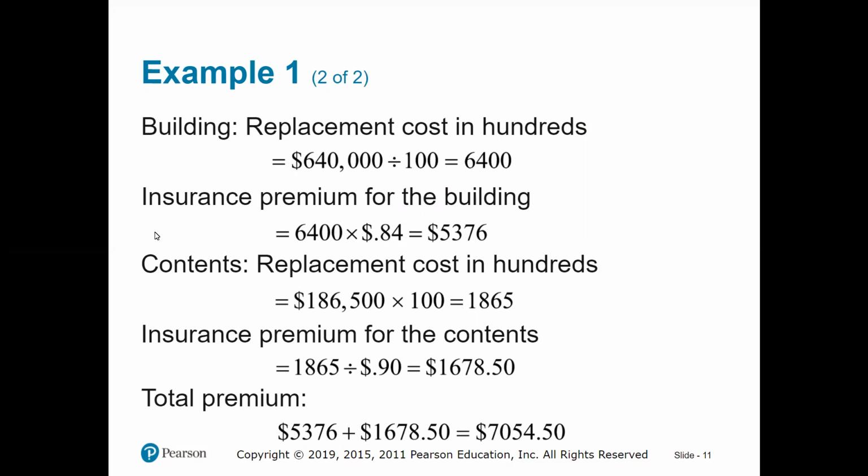We got that from the other slide. So that's 5,376. The replacement cost in hundreds for the contents would be 1,865 hundreds times the 0.90, which would be 1,678.50. This 0.90 is coming from the other page. So we take those two and add them together and we get a total premium, this is probably per year, of $7,054.50.